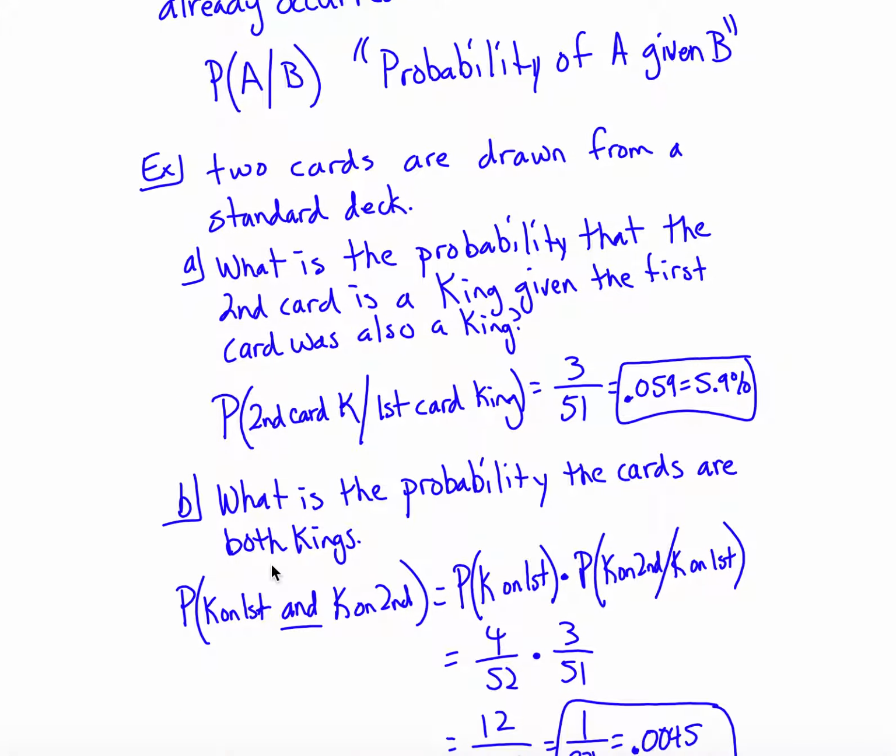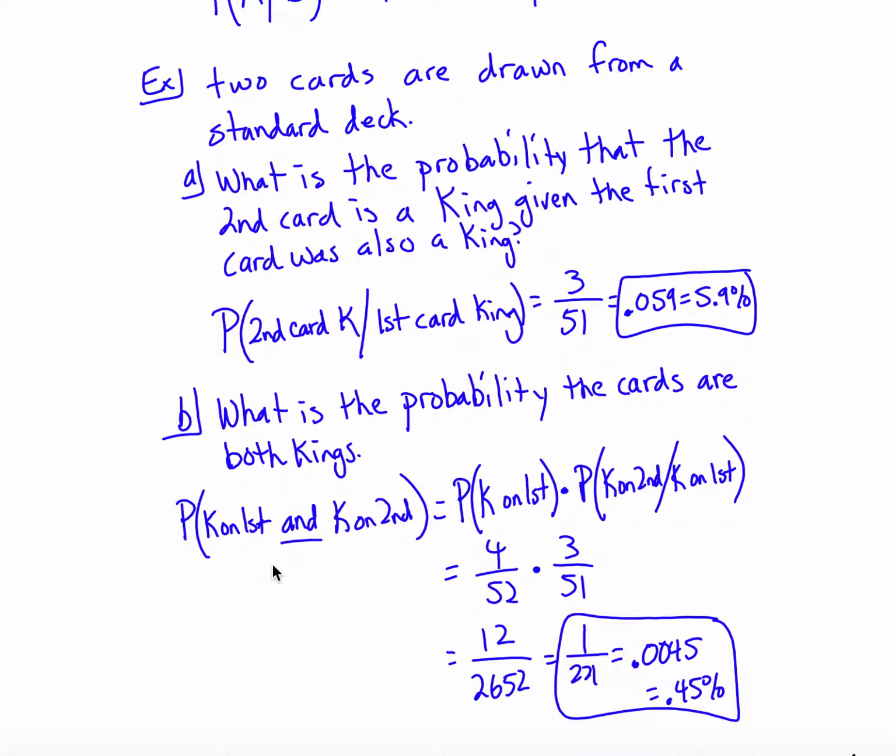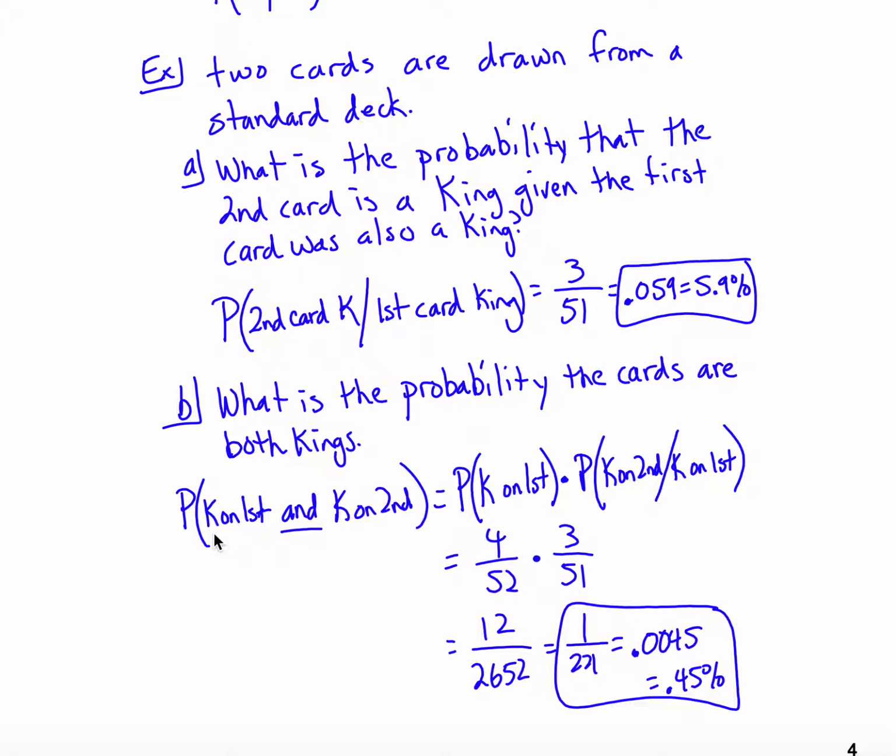And then let's say we want to know the probability that the cards are both kings. So the probability the first card is the king and the second card is the king. Again, you're going to multiply the probability the first card is the king times the probability the second card is the king, given that the king was actually on the first. So there are 4 cards in the deck that are kings out of 52 cards. So the probability the first card is a king is 4 out of 52.